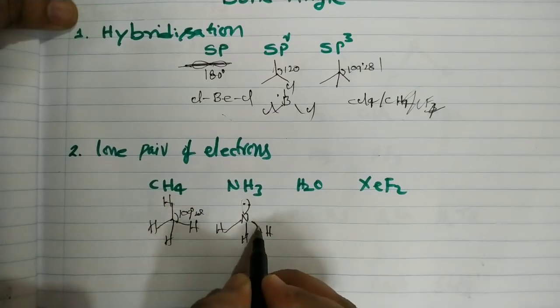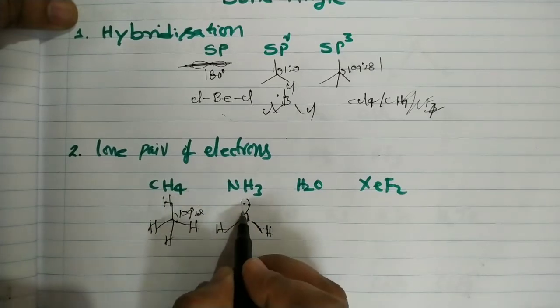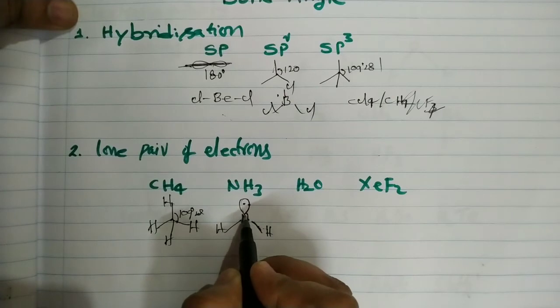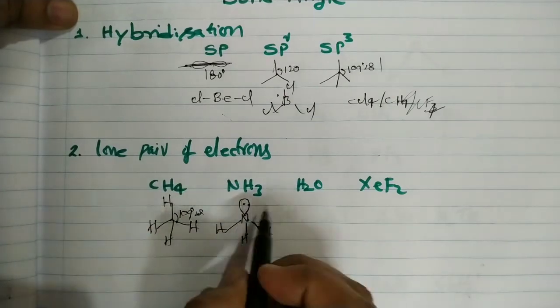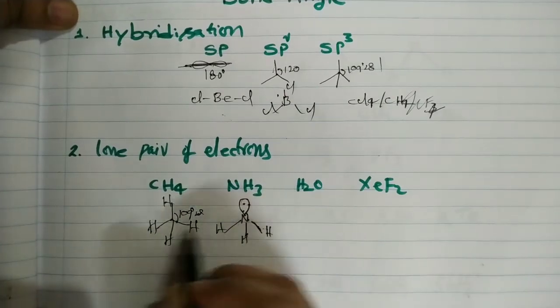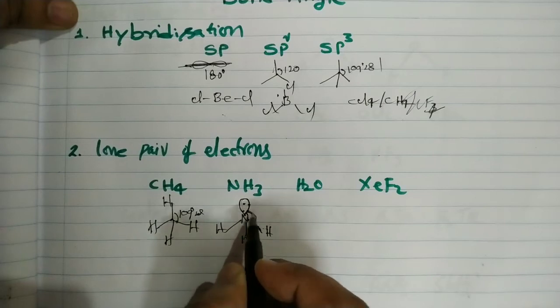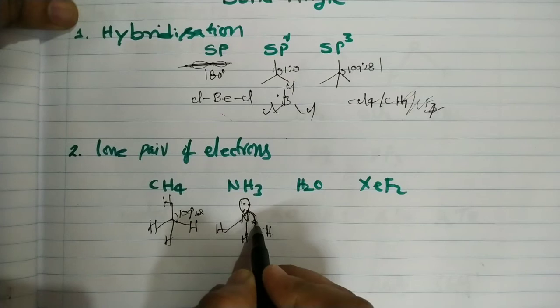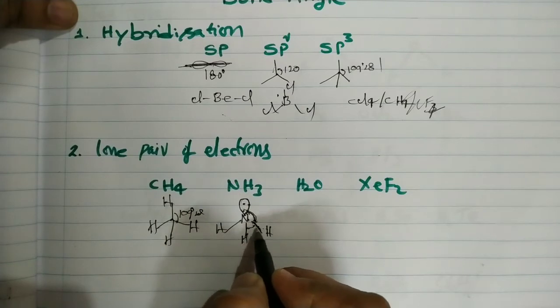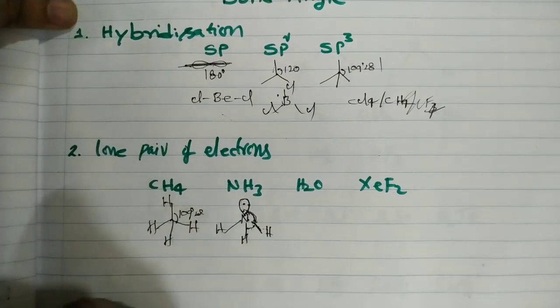Bonding electrons are attracted by two atoms, but the non-bonding electrons are present only on the central atom. So the non-bonding electrons occupy more space and have more repulsions with the bond pairs. To reduce the lone pair bond pair repulsions, the bond pairs come closer. That's why the bond angle decreases from 109 degrees.